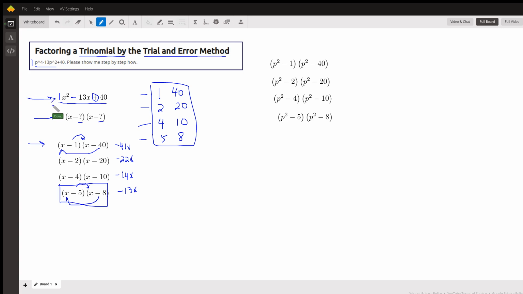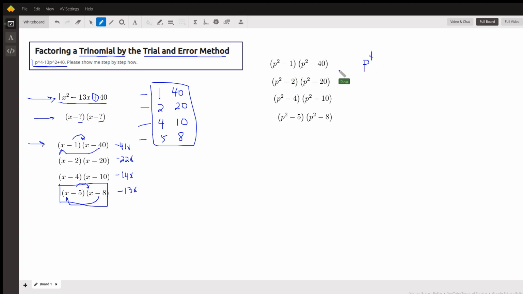Sometimes it doesn't factor over the set of integers, but in this case it does. For the trinomial in question, we'll just have to use p squared instead of an x, because p squared times p squared will give us the p to the fourth. That's the product of the two first terms.